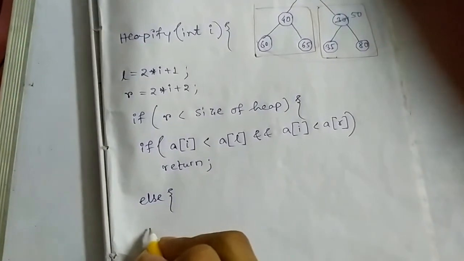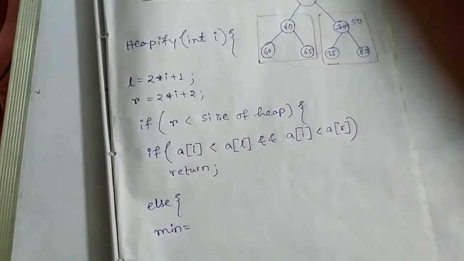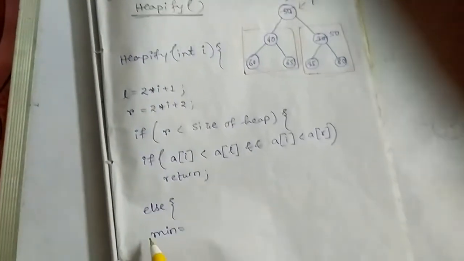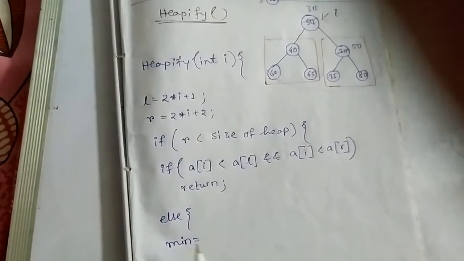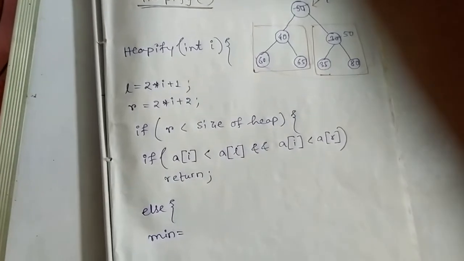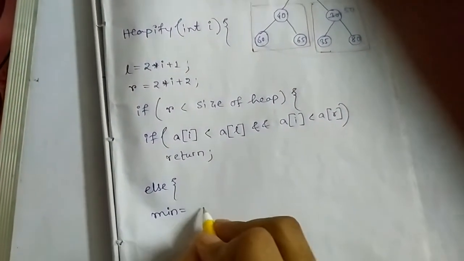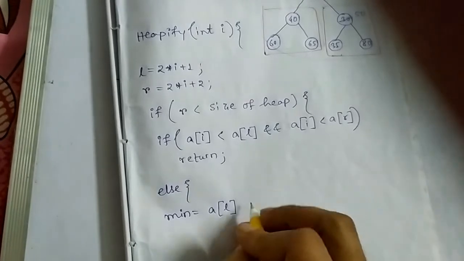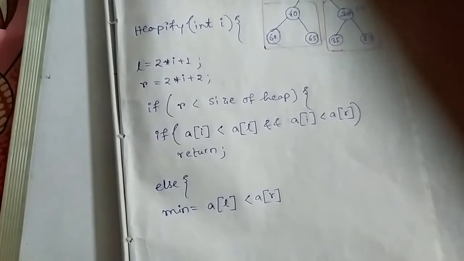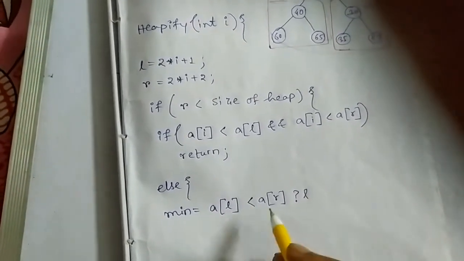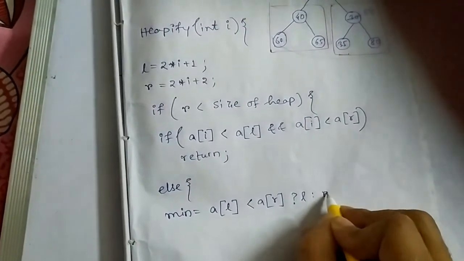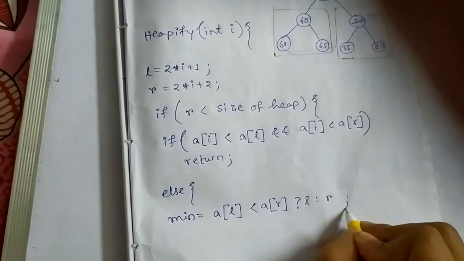That means I am writing a minimum. This minimum will tell me which one of its left and right child is minimum. So if the left child is less than the right child, then I will assign the left index as minimum, otherwise I will assign the right index as minimum.